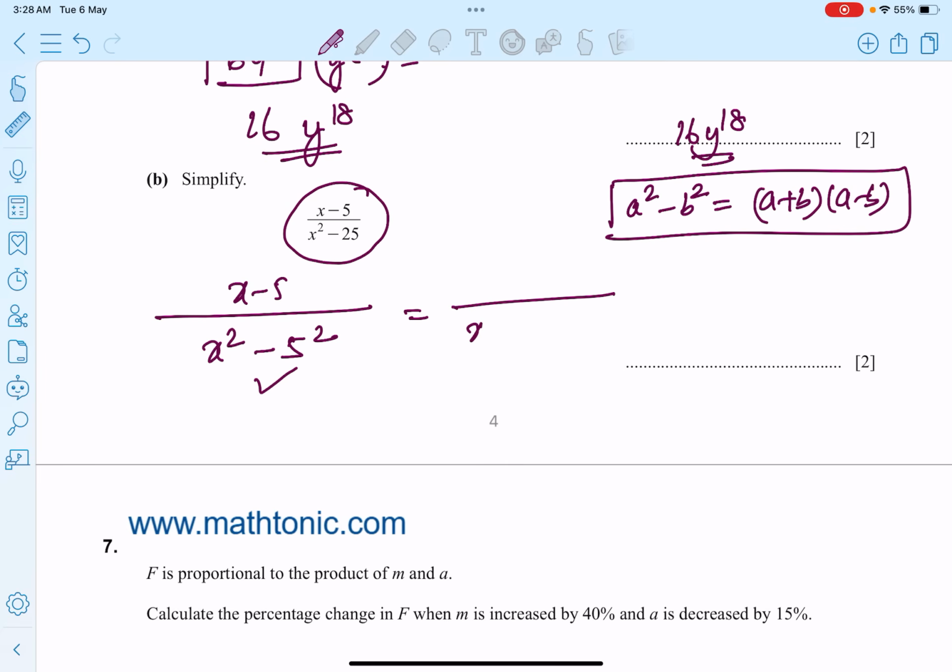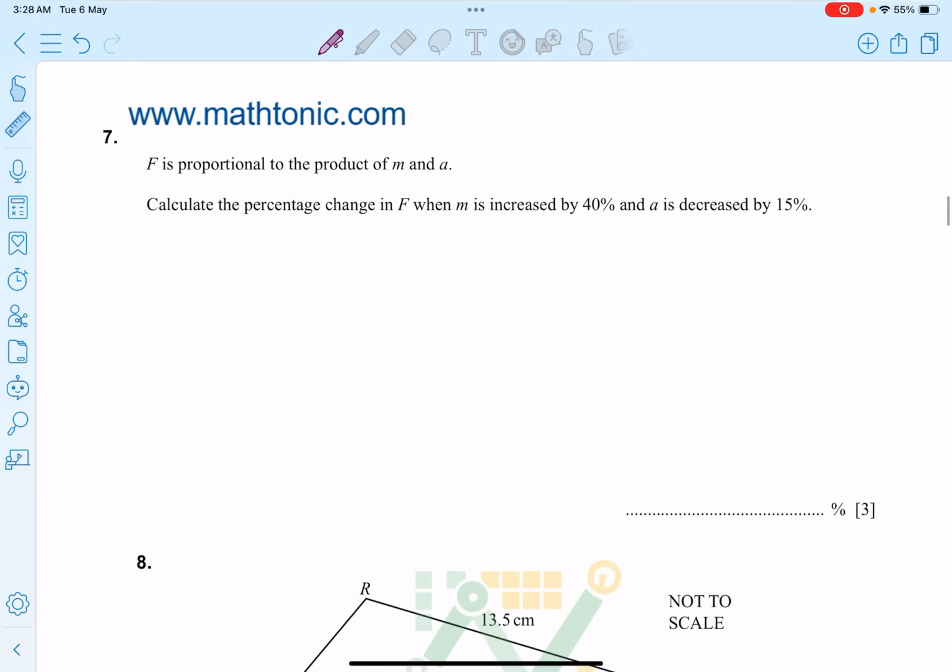I can factorize this as x plus 5 times x minus 5, and this will be x minus 5, right? If I cancel this x minus 5, because we have the same in numerator and denominator, the answer should be 1 over x plus 5. Got it, everyone? Yes. Next question.